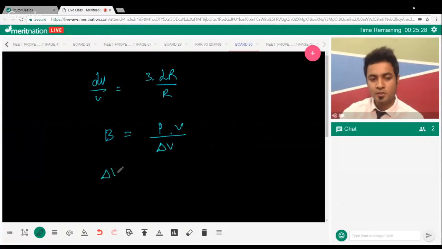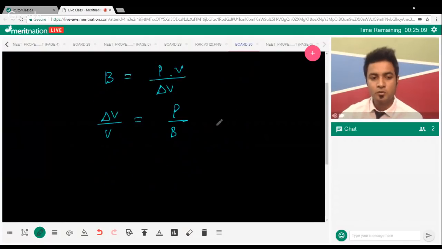So this is the bulk modulus, that is pressure upon delta V upon V. You can put it this way: delta V upon V is equal to p upon B. And similarly, delta V upon V will become 3 delta r upon r.